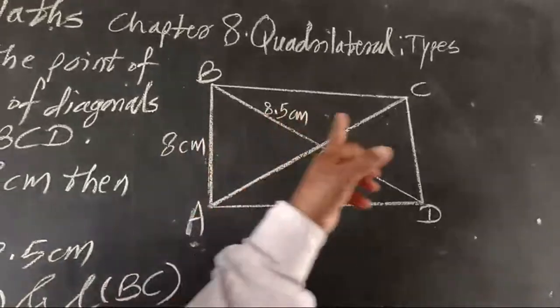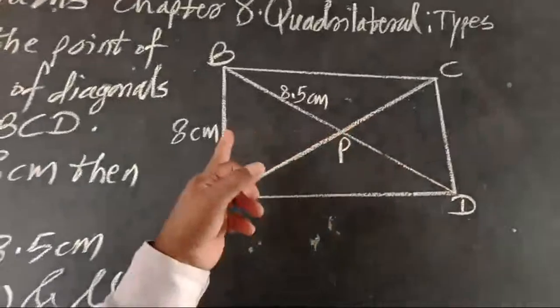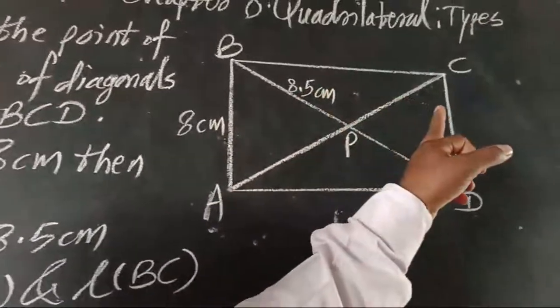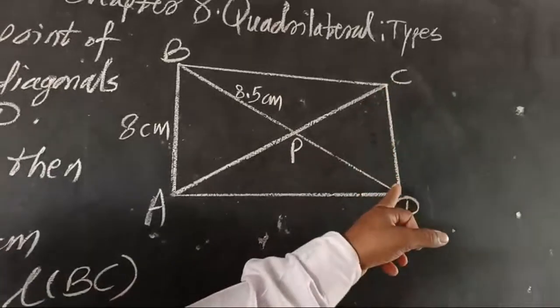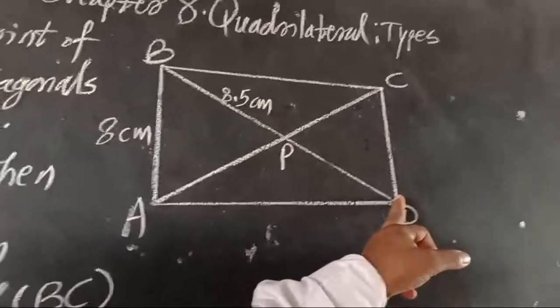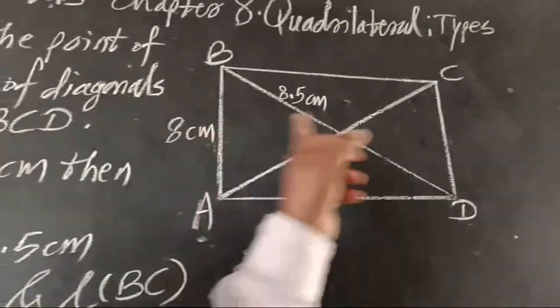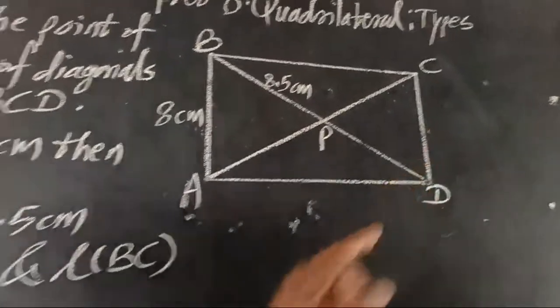Opposite sides of a rectangle are congruent. Therefore their lengths are congruent, meaning their lengths are equal. How much length do we get here? Yes, 8 centimeter, because both sides are congruent.